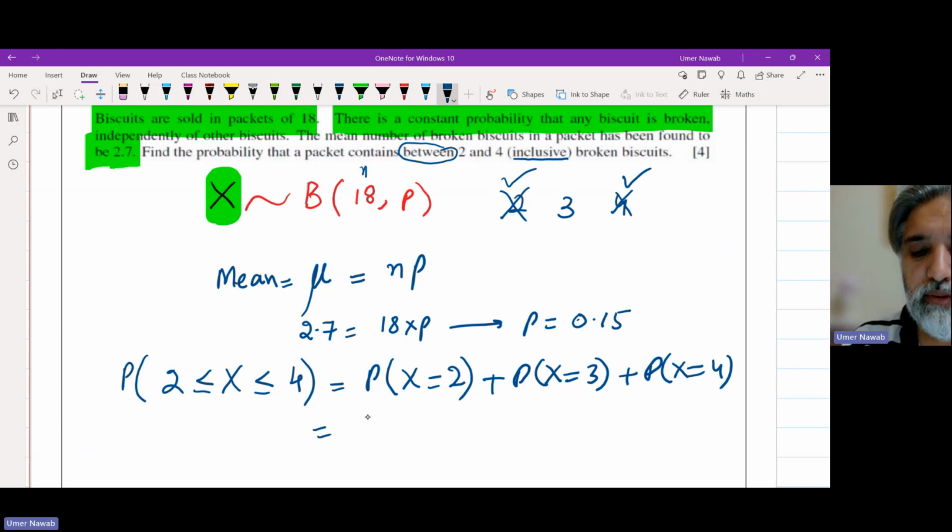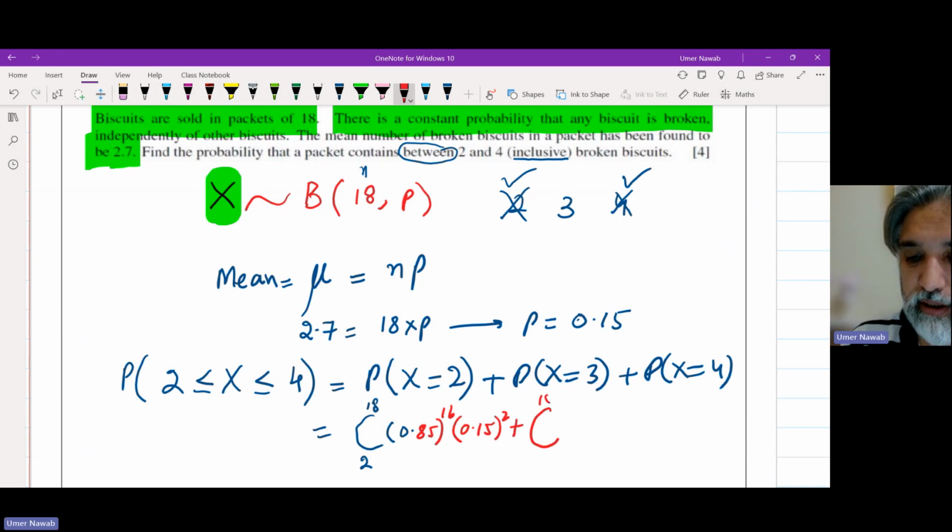So X is equal to 2 will be total number of trials 18, and I'm gonna pick 2. Success is 0.15. Now first write failure. Failure is 0.85 raised to the power 16, 0.15 raised by 2.